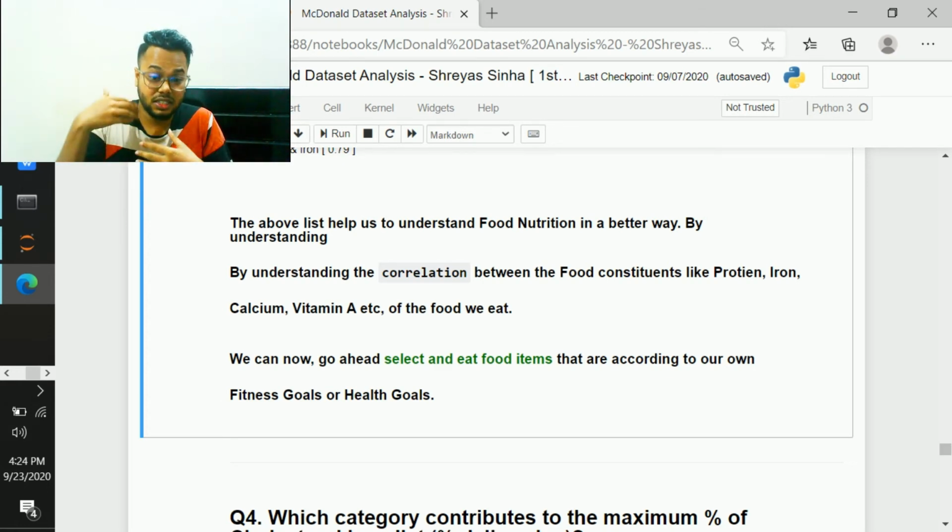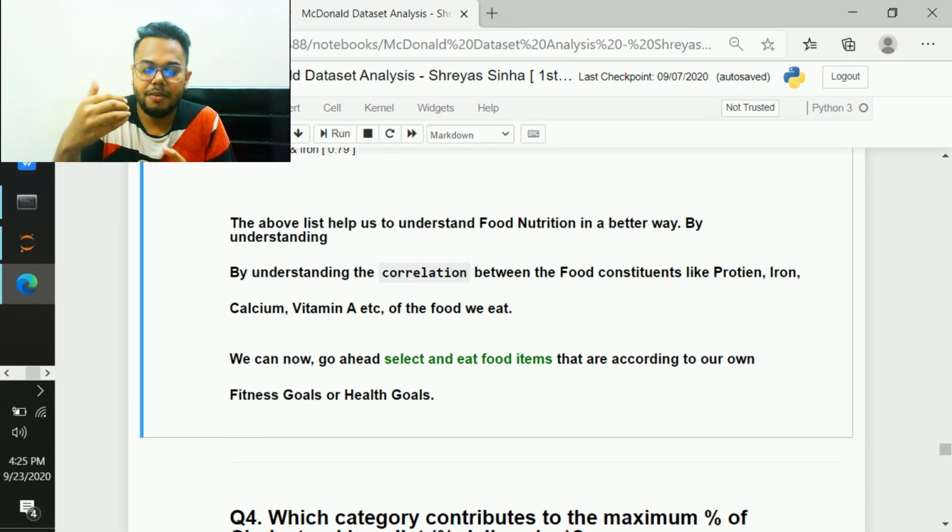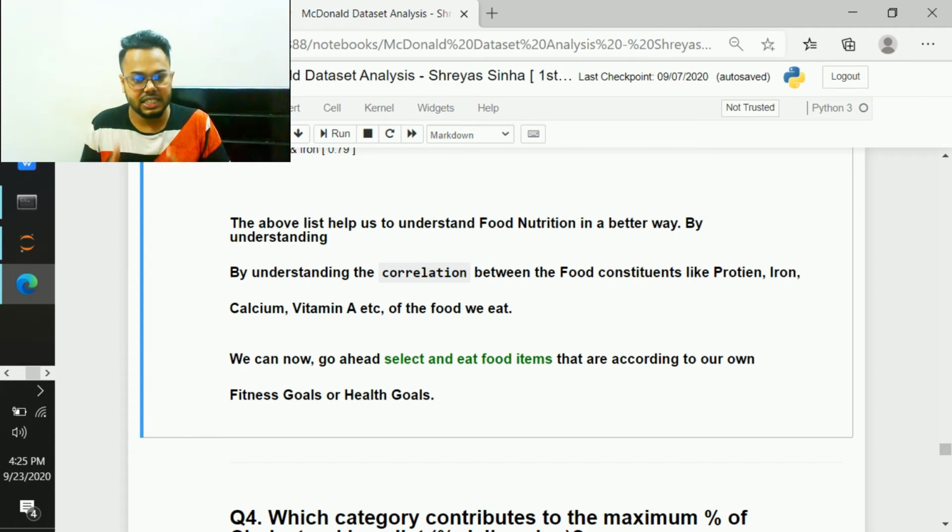By understanding the correlation between food constituents like protein, iron, calcium, vitamin, etc., we can plan better as to what food to eat and what is necessary for our diet goals, right?